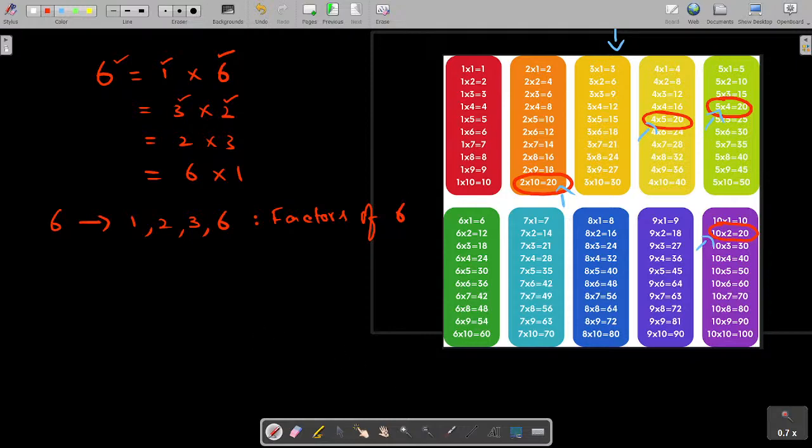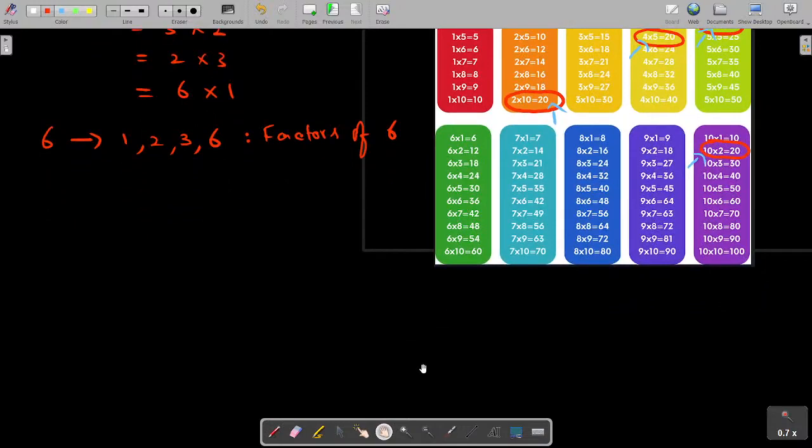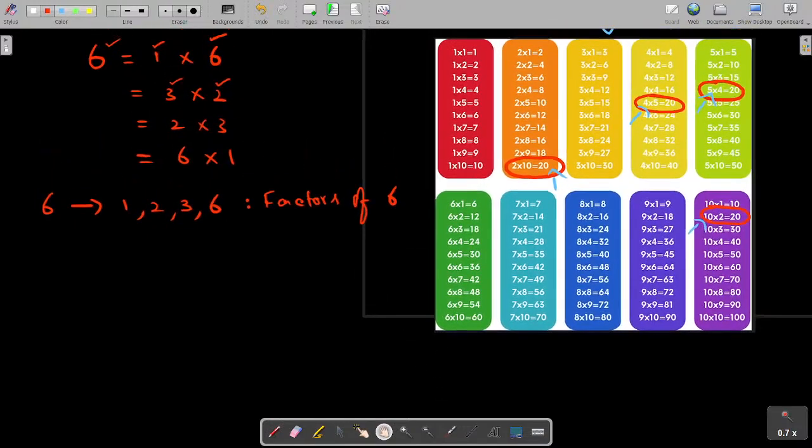Let me tell you a small story. Are you ready to listen to the story? There lived two persons, X and Y, in a forest. Do you know who these X and Y are? Mother and daughter. It's a cute story.